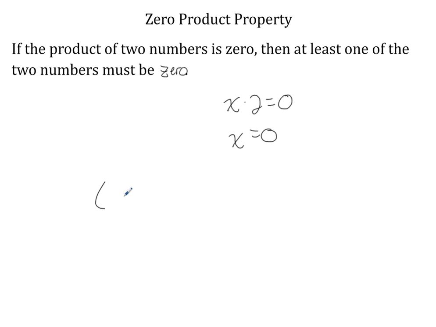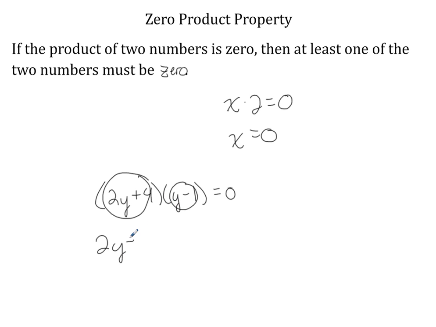If we've got two binomials, for example, let's say we've got 2y plus 4 and y minus 1, and that's equal to 0. Well, these two things, whenever you compute them, you just get a number. So that means that each part could be 0. So either 2y plus 4 could be 0, or y minus 1 could be 0. And these two things are now linear equations, and we know how to solve those.